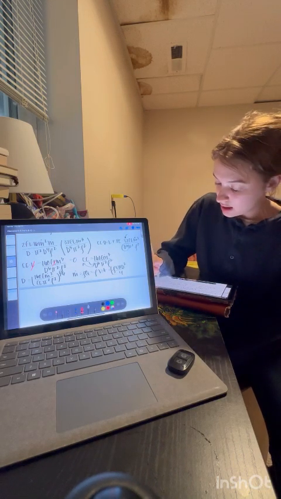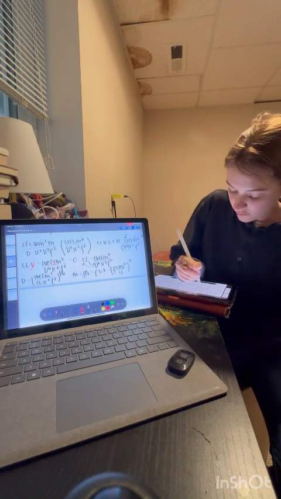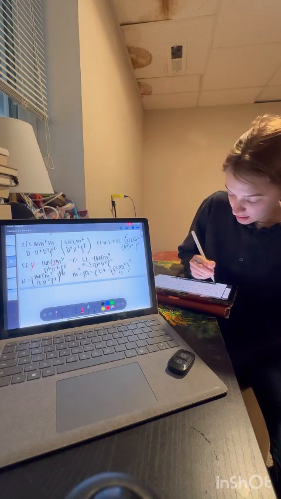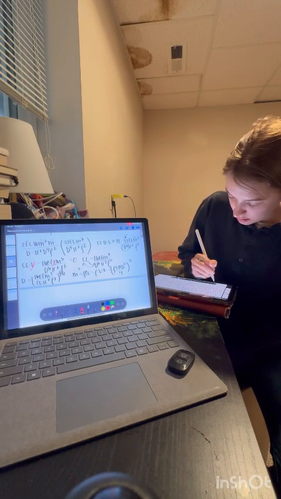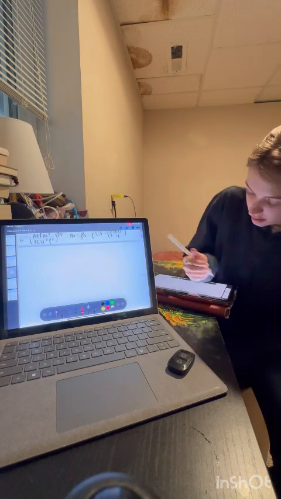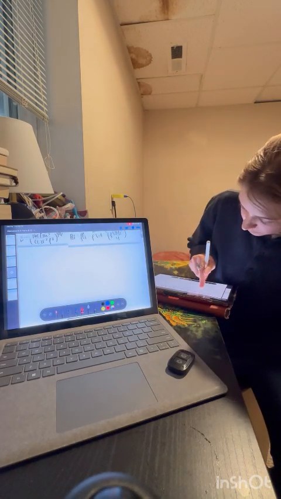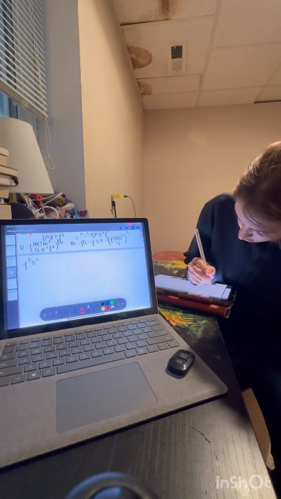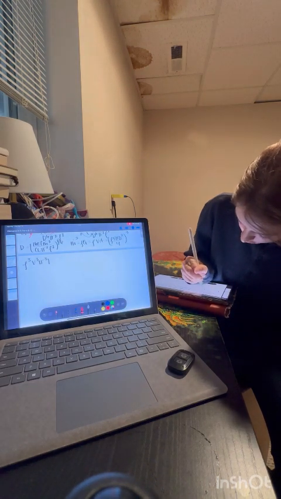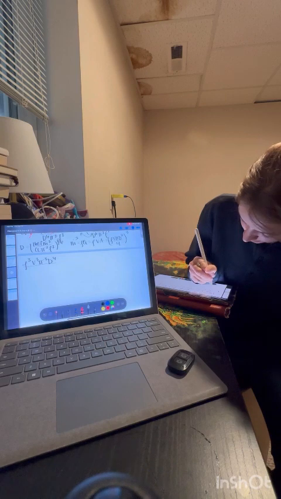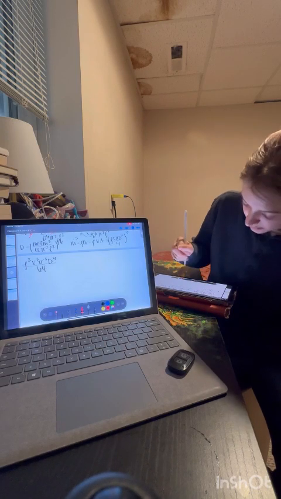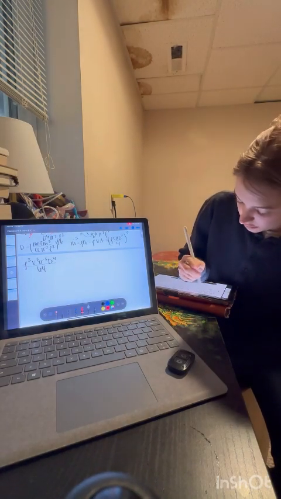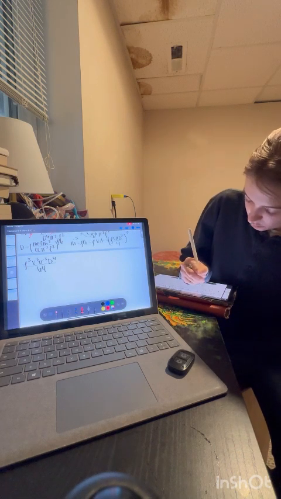So again, cubing this before we plug back in, that's going to look like rho cubed V cubed pi cubed d to the 6th, and then 4 cubed is 64.